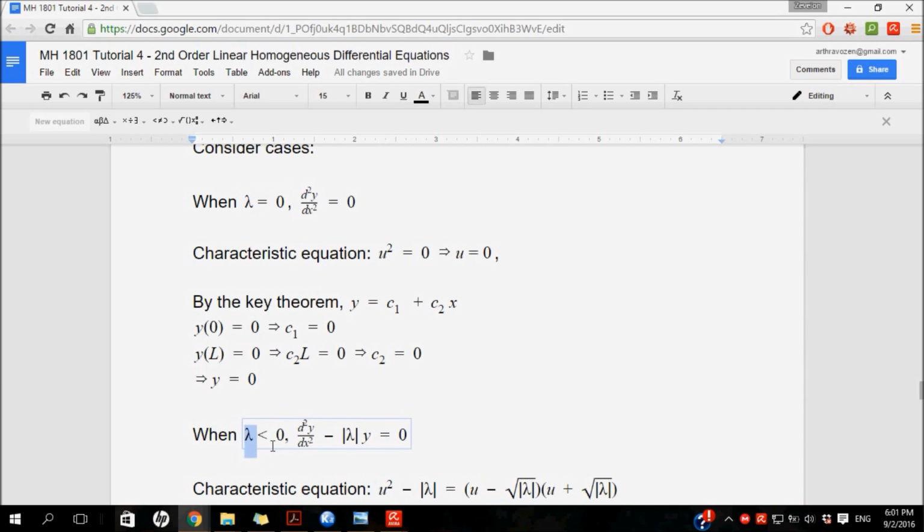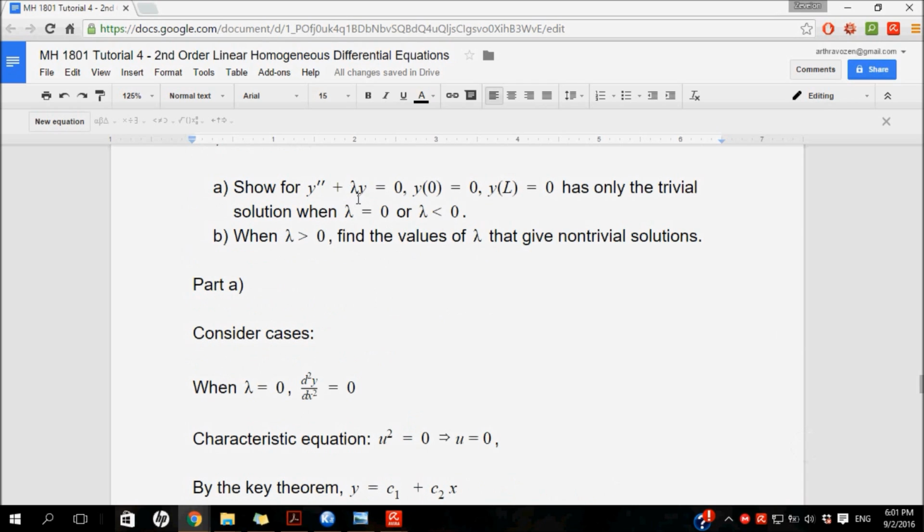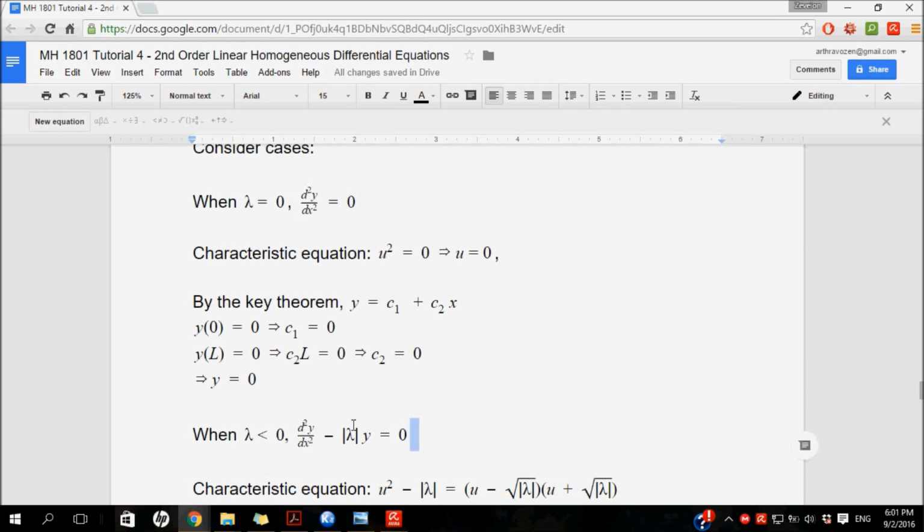Let us move on. When we look at the case when lambda is negative, we can write our differential equation in this form. When lambda is negative, we have that plus lambda equals to minus the absolute value of lambda.